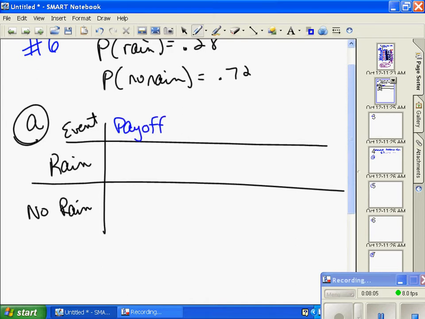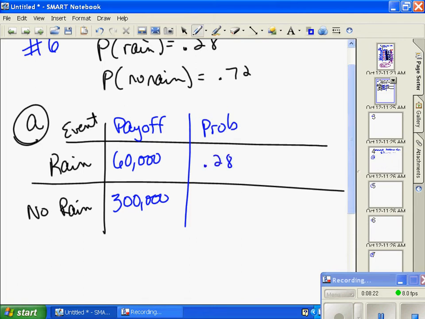If it rains, Mr. Richmond is only going to make $60,000, and if it doesn't rain, he's going to make $300,000. Probability, just fill these in from above. Rain is 0.28, no rain 0.72. And then I need to multiply these two together.